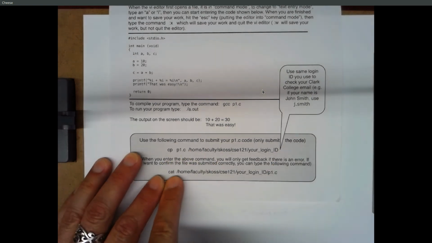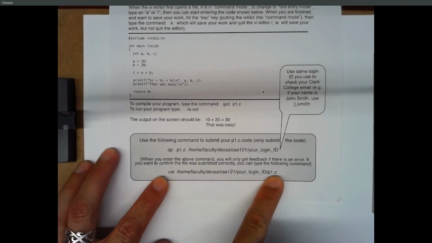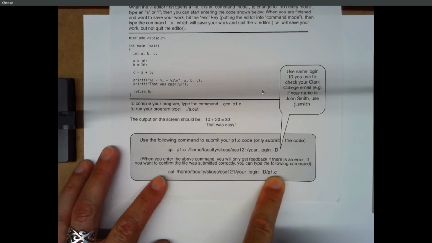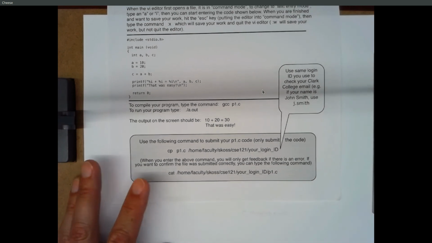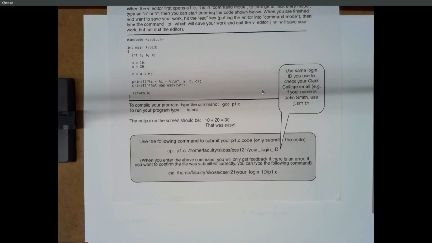And then if you type this cat command, you should see a copy of your code. Okay, that kind of tells you that you got it submitted successfully. So questions about that?